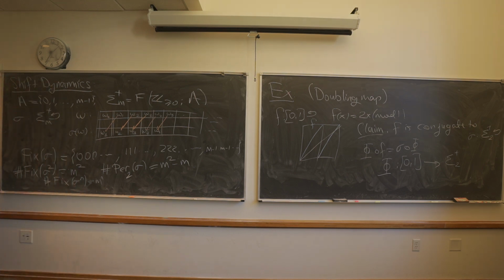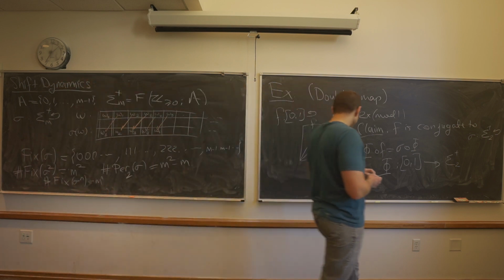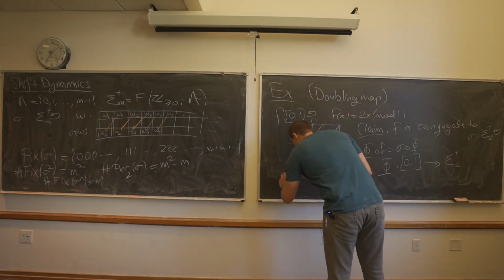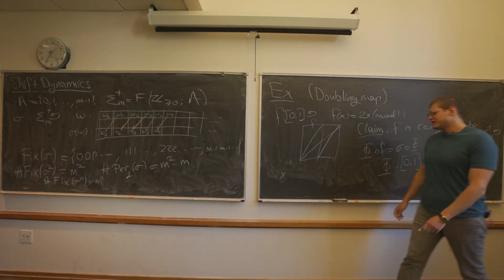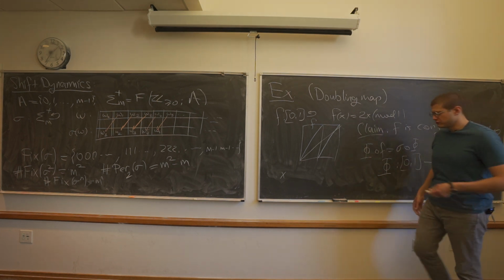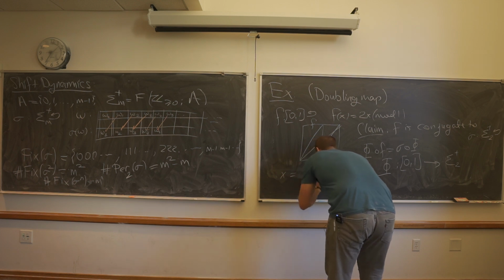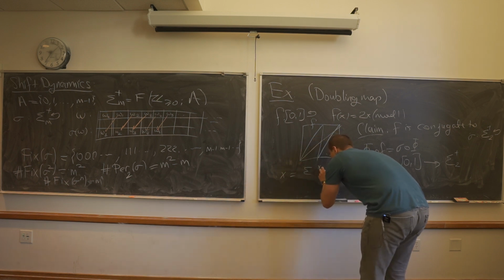Yes, base 2, maybe? So instead of decimal expansion, you can use base 2 expansion. That is to say, you can take a point x and write it in terms of powers of 1 over 2, or powers of 2. So let's write it like this: x sub n divided by 2 to the n.